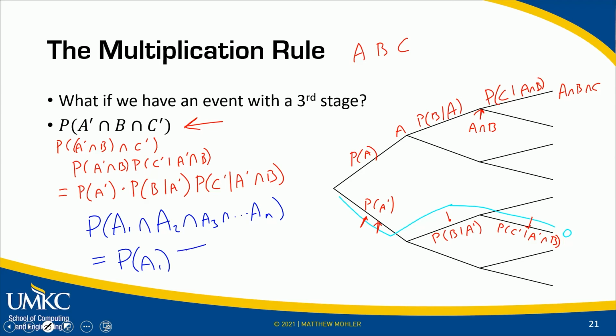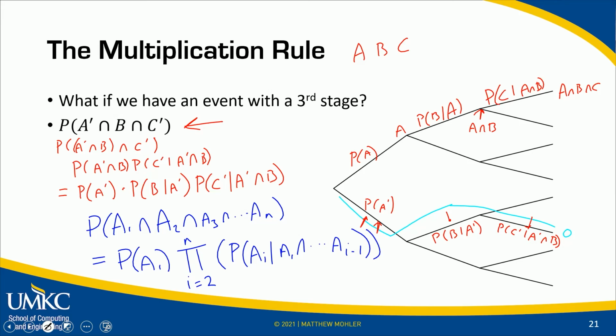The product, remember, is just the capital pi, of the probability of A sub i conditioned on A sub 1 intersected with all of the A's up to i minus 1.